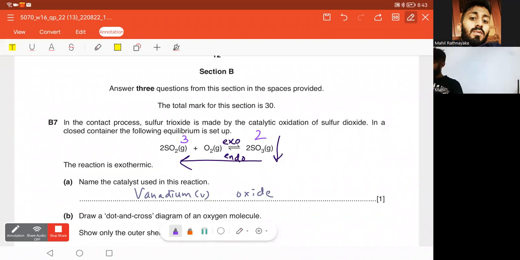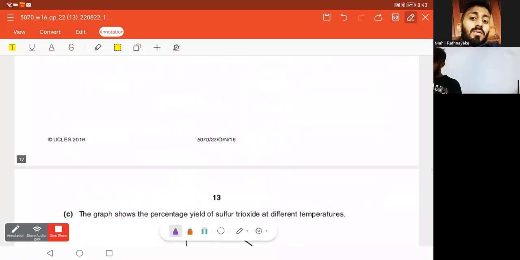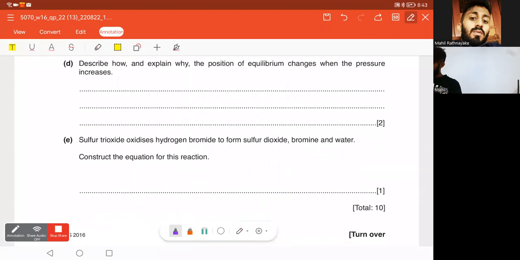Can you understand? Sulfur trioxide oxidizes hydrogen bromide. For precipitate, you can write PPT.